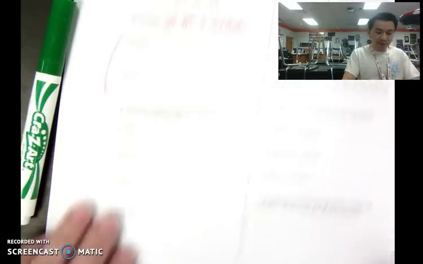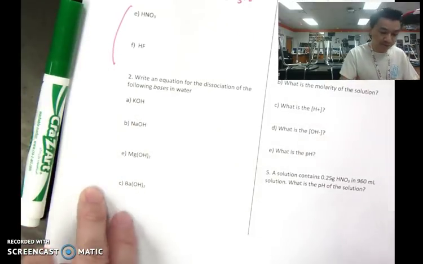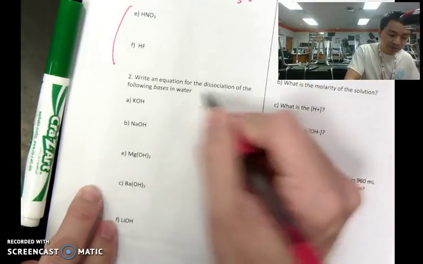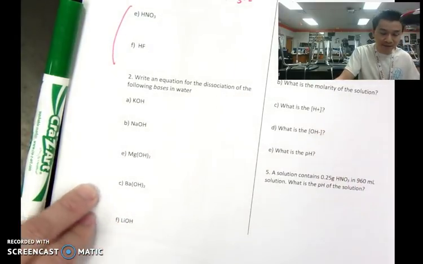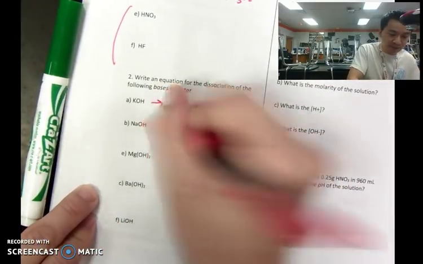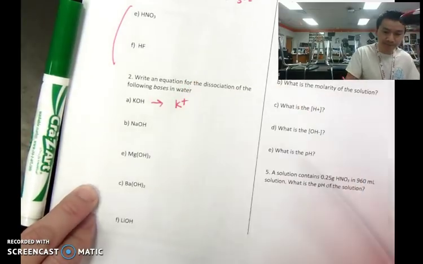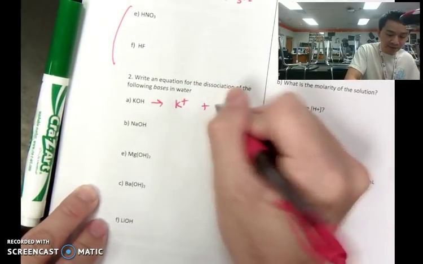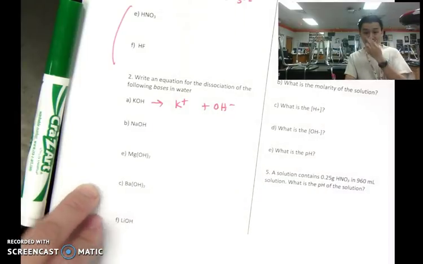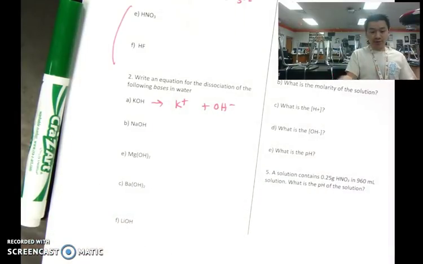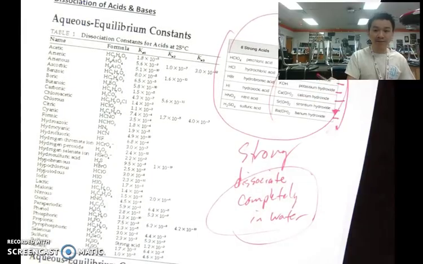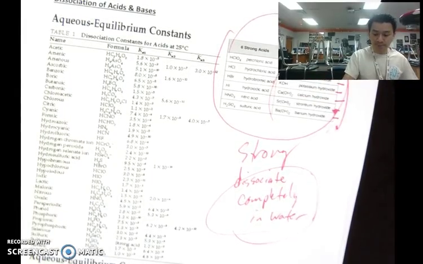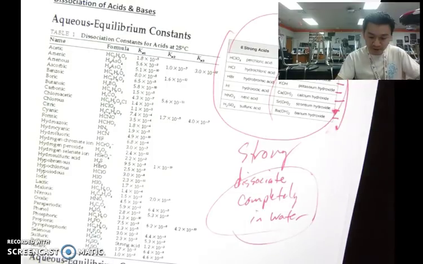Then the next one, number 2, bases here. Write the equation for dissociation of the following bases. The same thing. It's going to split up into the positive part, the K plus, and the OH is what makes it the base, 1 OH there. And so you look at the list of strong acids and strong bases here. If it's a weak base, you draw the double arrow. Okay, so let's check.